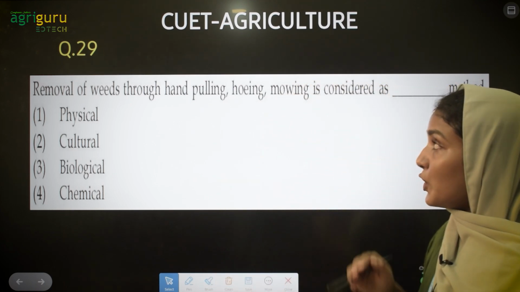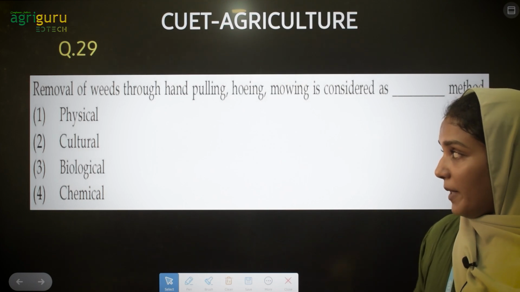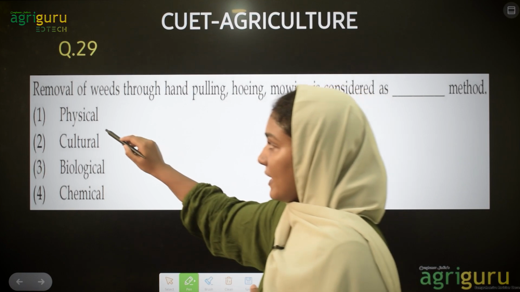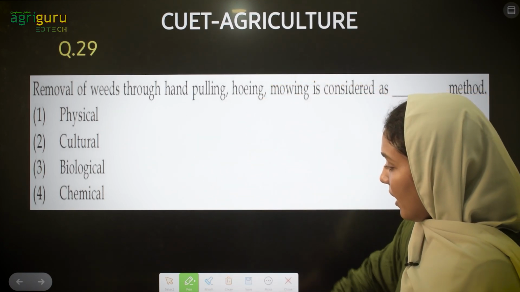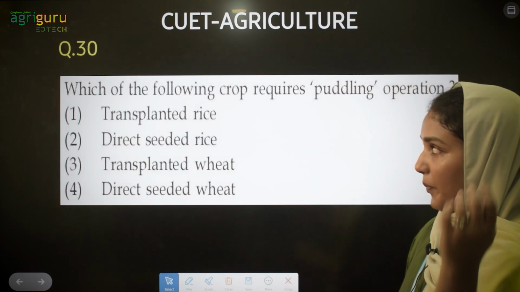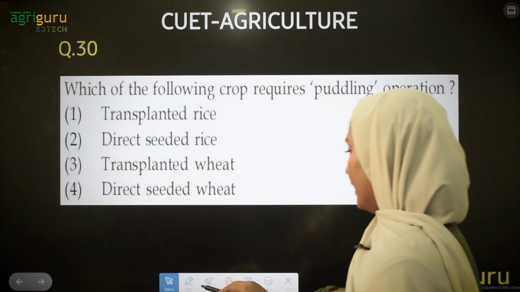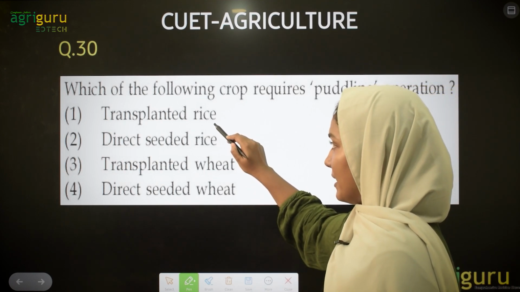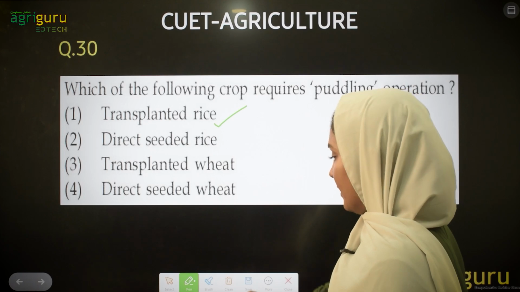Removal of weeds through hand pulling, hoeing, mowing is considered as dash method. These are physical methods of weeding. Next question, question number 30. Which of the following crops requires puddling operation? Puddling is exclusively done in transplanted rice. The answer is option number 1, transplanted rice.